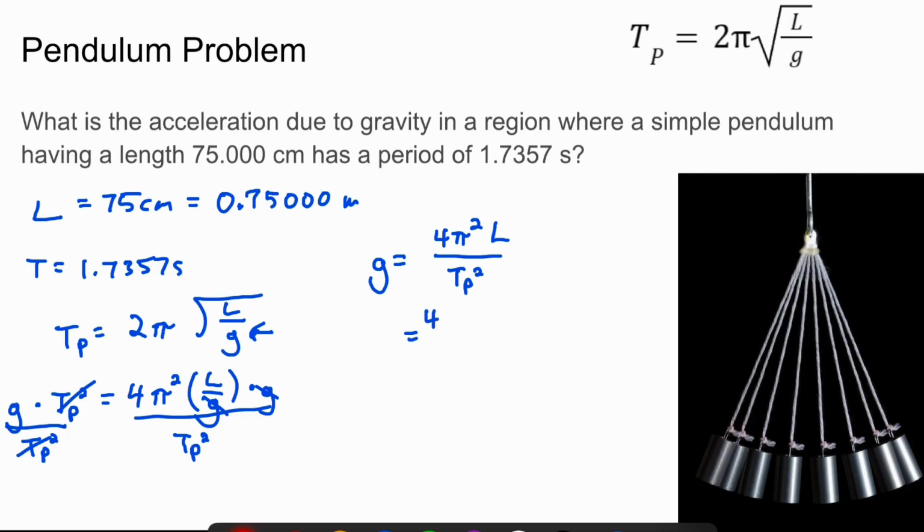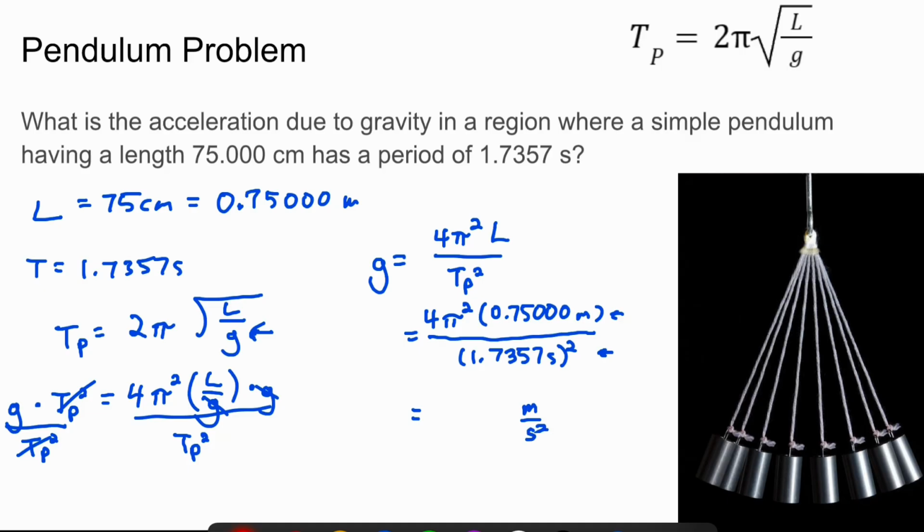And so if we plug in our values for those, 4 and pi squared are numbers. L is 0.7500 meters, and our period for the pendulum is 1.7357 seconds. We're going to square that. And you'll notice that what we have in the end are meters in the numerator and seconds squared in the denominator.